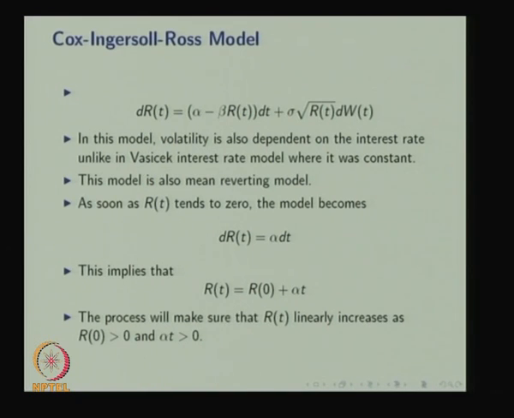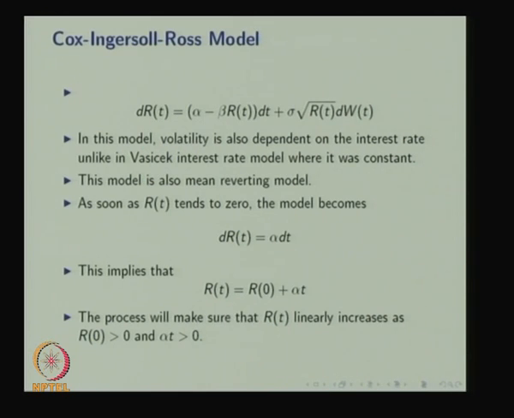We cannot use the Ito formula to solve the stochastic differential equation, but we are finding the solution through the increments. In this model, the volatility also depends on the interest rate. Earlier it was a sigma, but here it is sigma times the square root of R_t. So, the volatility also depends on the interest rate, unlike the Vasicek interest rate model, where it was constant.